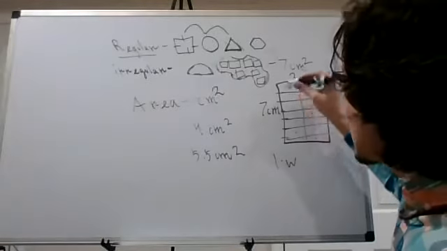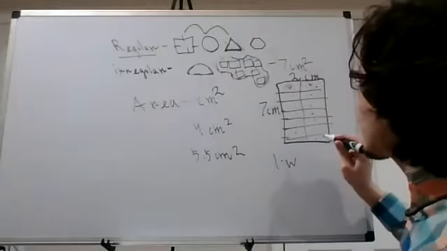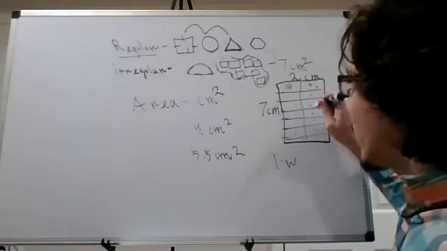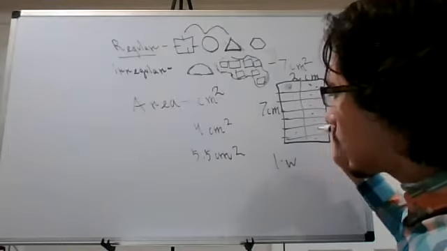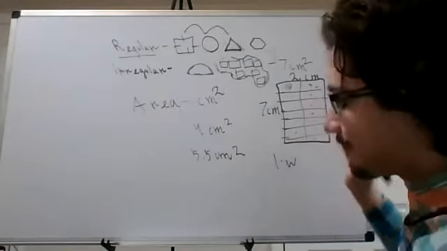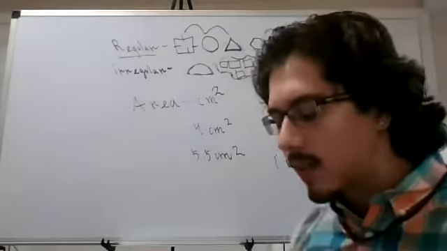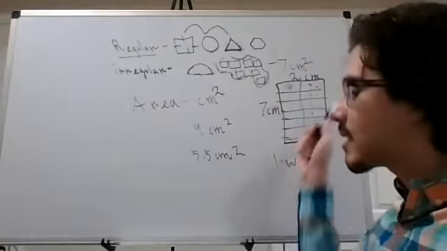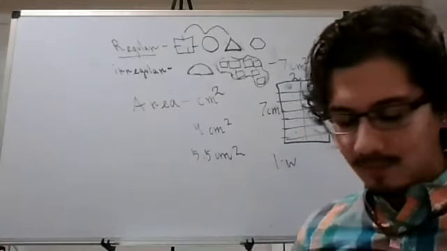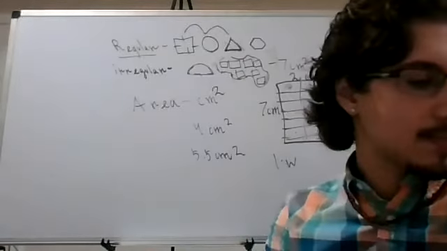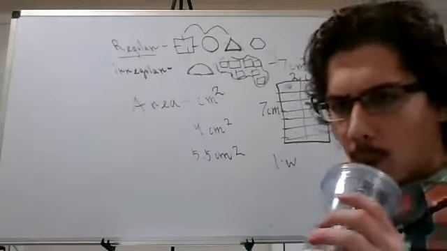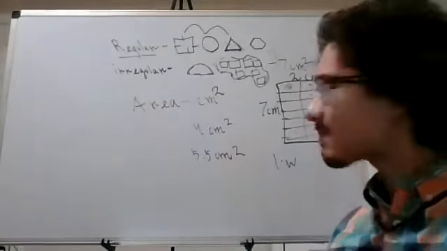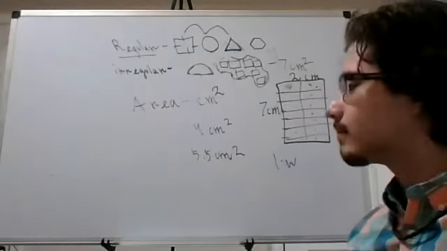Because each side is symmetrical, we can fit squares in a rectangle or a square really nicely. Think of it like a chocolate bar where it's cut up into little sections. That's how area works with square centimeters. Any questions? No, sir.